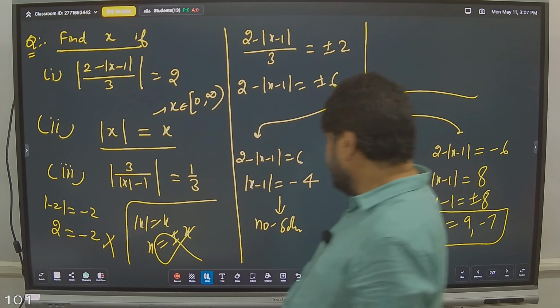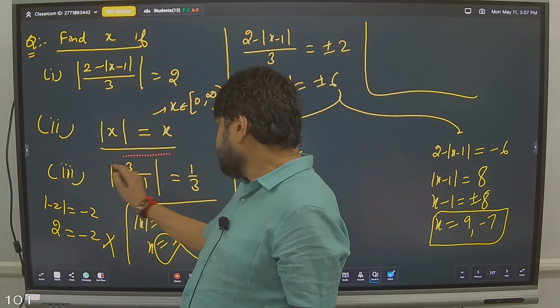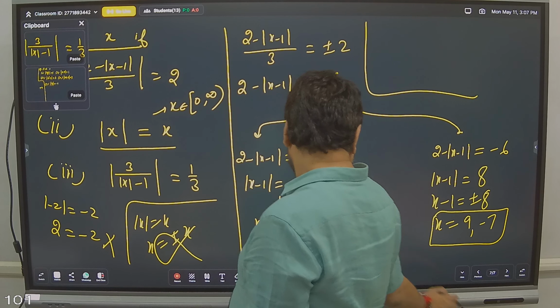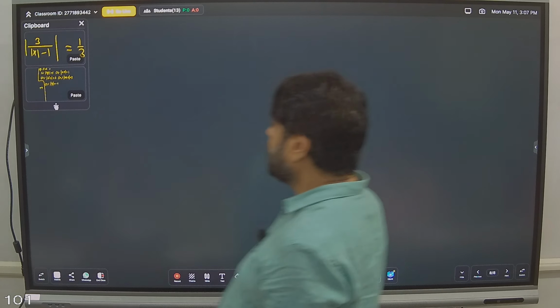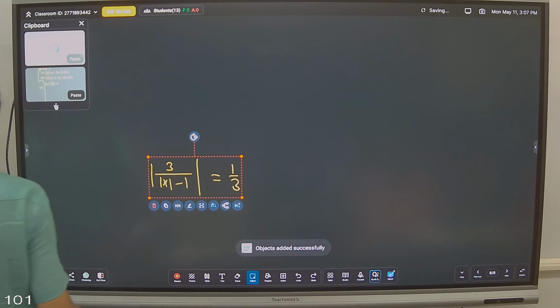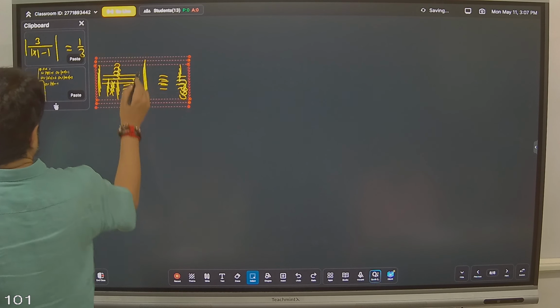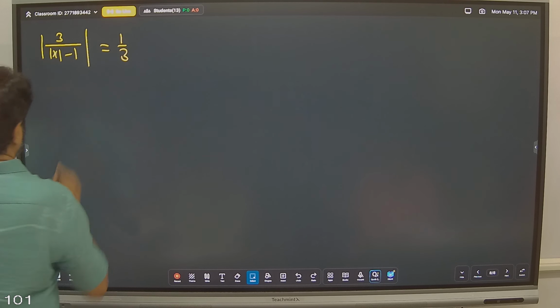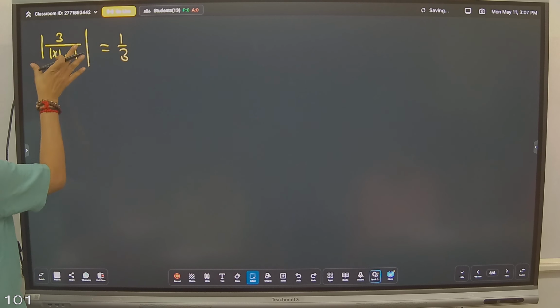The next one. First thing, this mod I will remove.